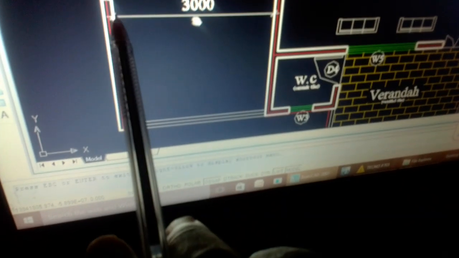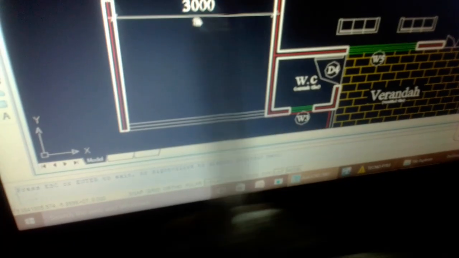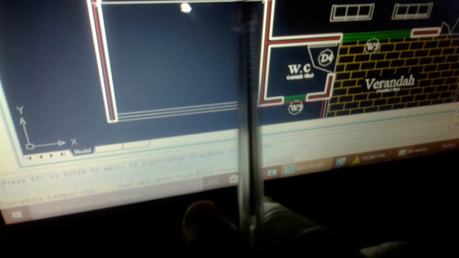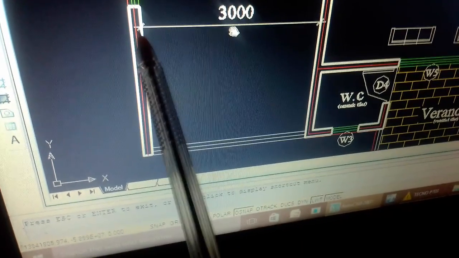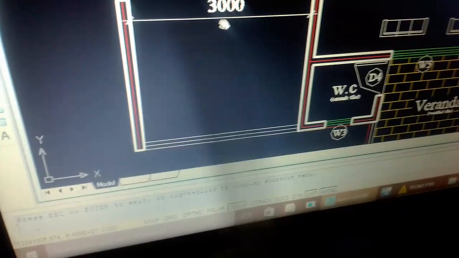What is the known dimension? Known dimension means the dimension that is already known, which is 3,000 millimeter or 3 meter. Multiplied by known dimension, which is 3 meter, then divided by known measurement of known dimension. It's trying to say that I have to go to this reference point, then take the measurement from this point to this point, and get the measurement.